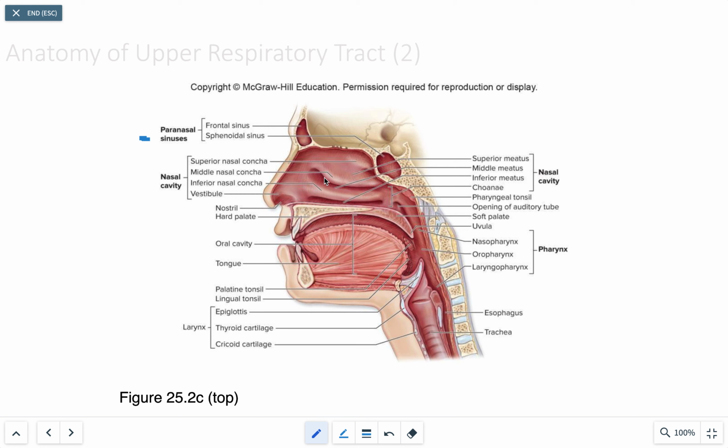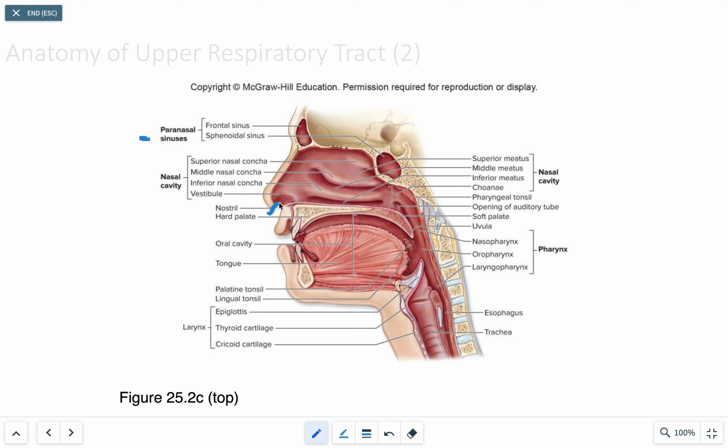This is important because as we bring in air, depending on the temperature, we want to add turbulation, which allows for any pathogens to get trapped into the sinuses or the different types of tonsils to prevent any antigens coming into the system. It warms the air prior to going into the lung, and it also humidifies the air prior to going into the lungs.